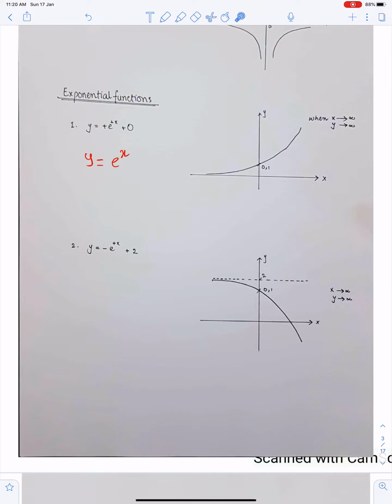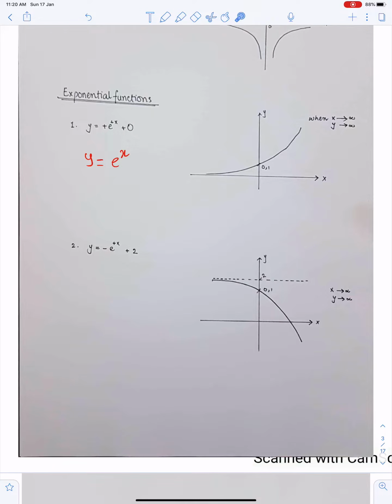Any exponential will always be parallel to this number. Like this exponential will be parallel to this number. That is why I mentioned 0 here. This was basically y is equal to e power x, and I wrote this as e power x plus 0.